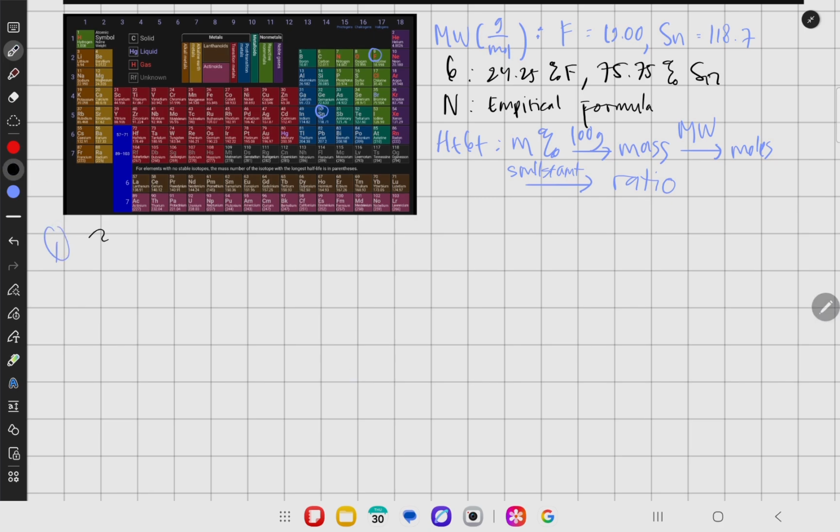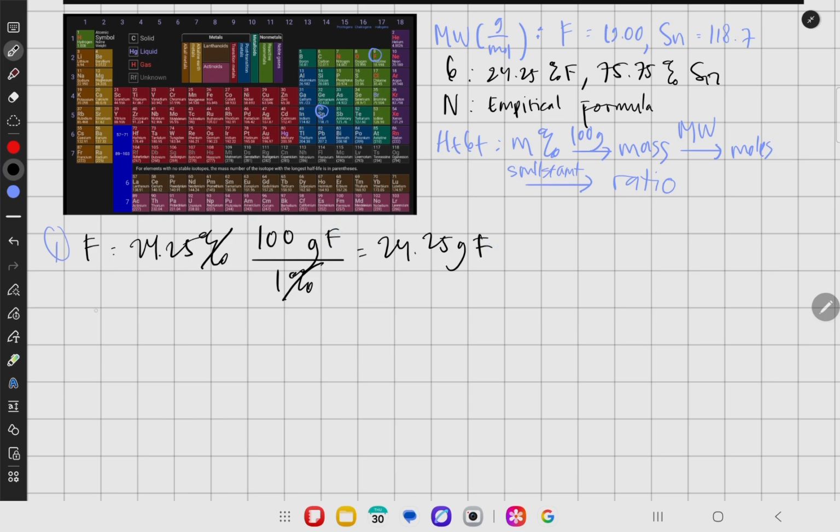Okay, so as we can see here, fluorine, 24.25% divided by 1%. We assume 100 grams, so it's like here, and then the result is 24.25 grams of fluorine.